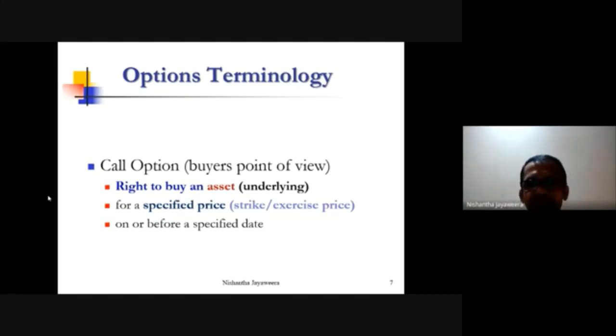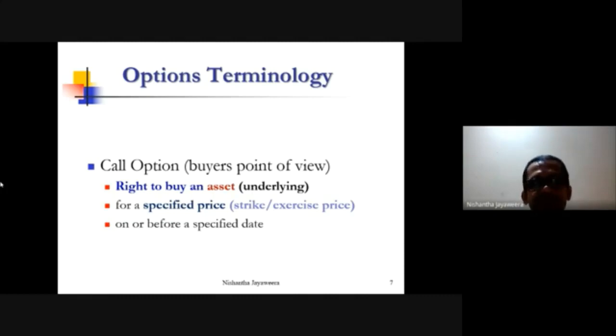In a call option, what do you get? As the buyer, you will get a right to buy the underlying asset at a price that you agreed, during a period of time. Clear? And remember, you have only the right to buy. It doesn't mean you have to buy it.